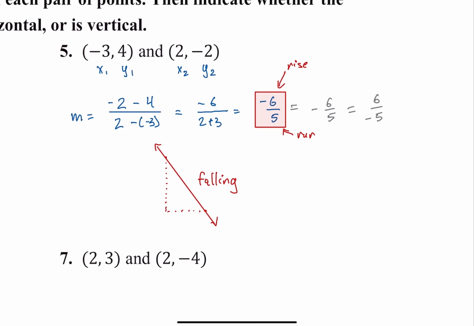No need to write that as a decimal or anything, but I wanted to make sure we caught on to the idea that the slope here is negative. And that negative is typically viewed in terms of the numerator, but you could also run in the negative direction. If you did that, you would have gone up 6, but you would have gone -5. Oops, overshot that. Up 6, -5, you would have still ended up with the same line.